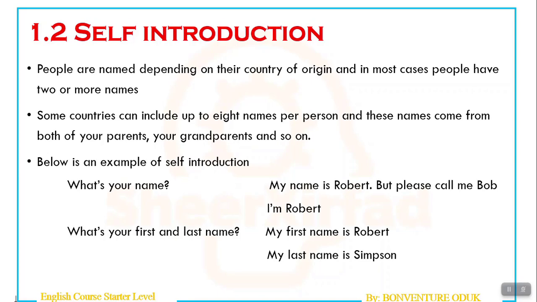People are named depending on their country of origin. And in most cases, people have 2 or more names. Some countries can include up to 8 names per person, and these names come from both of your parents, your grandparents, and so on.